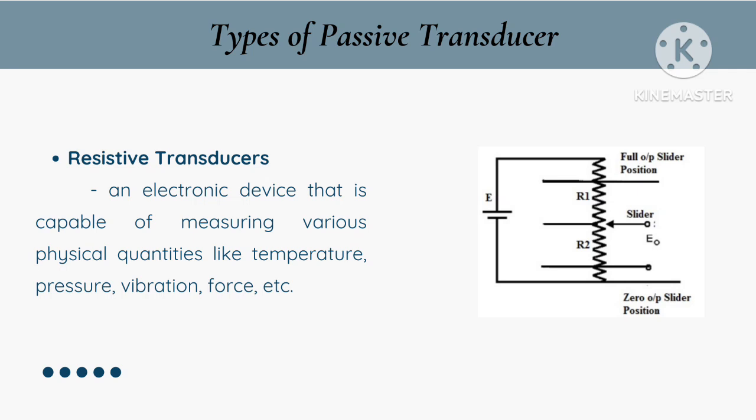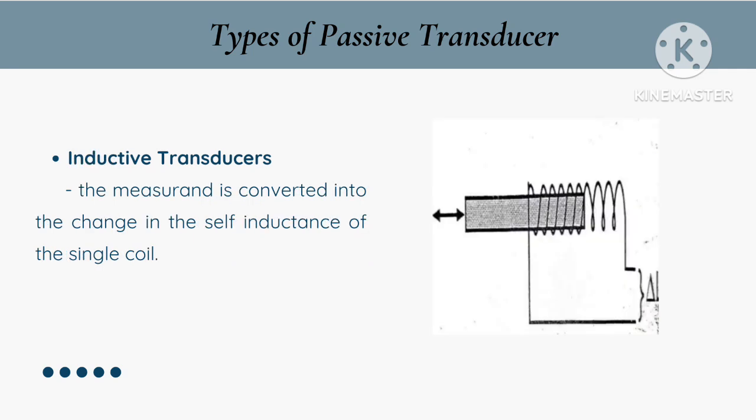Another type of passive transducer is the inductive transducer. For inductive transducers, the measurand is converted into a change in the self-inductance of a single coil. Inductive transducers detect changes in inductance caused by the movement of a ferromagnetic core, variation in coil geometry, or changes in magnetic permeability.